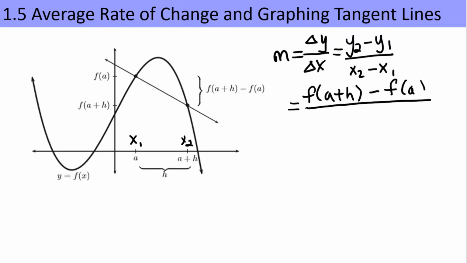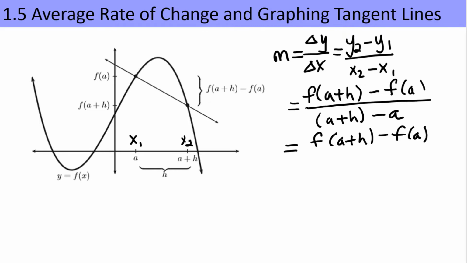For the denominator, x2, we replace with a plus h, and then we subtract x1, which is a. We can simplify it a little bit further, and we would have f of a plus h minus f of a divided by h. And of course here h cannot be 0. And so that is called a difference quotient. It is used to find the slope that we call the average rate of change.